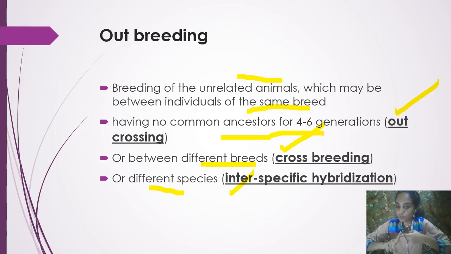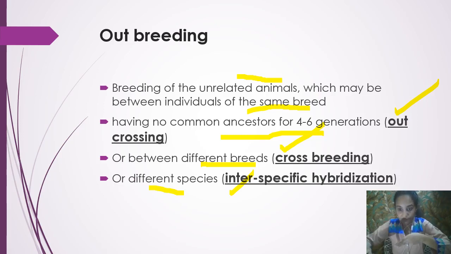First one is outcrossing, that is the same breed, but they don't have any common ancestors for at least 4 to 6 generations. Okay, and crossbreeding, different breeds. And interspecific means between different species. I think it's clear. Outcrossing is the same breed but no common ancestor.